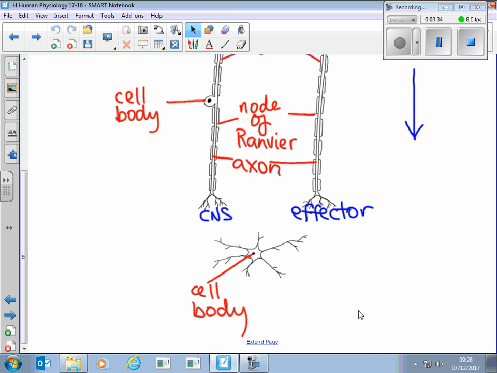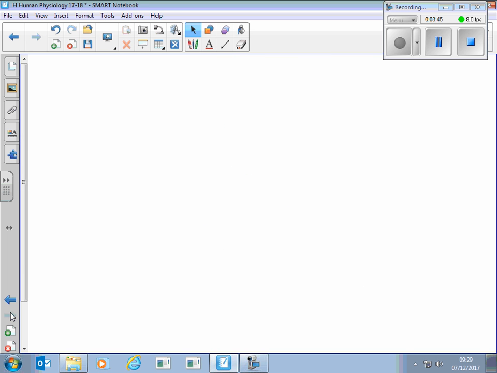Now, one thing I haven't put on there is the comment that they are described as excitable cells. Nerve cells, neurons, and muscle cells are the two examples of excitable cells. So excitable means that you can actually generate a response in them by prodding them in some way.